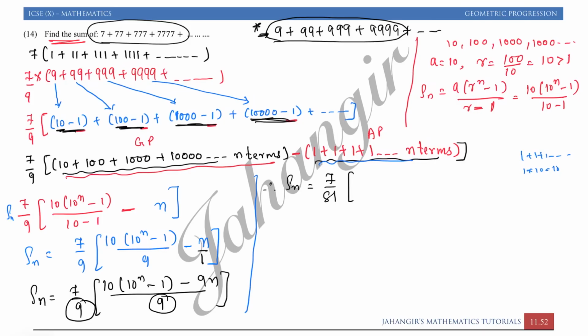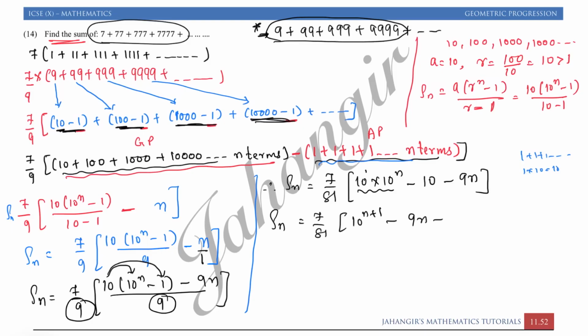You will get 10, this you can multiply, 10 multiplied by 10 raised to n minus 10 minus 9n. So here you can get Sn is equal to 7 by 81. These two we can combine using exponent form, 10 raised to n plus 1. Since bases are equal, the powers you are going to add, minus 9n minus 10. This is the nth term of the sequence.